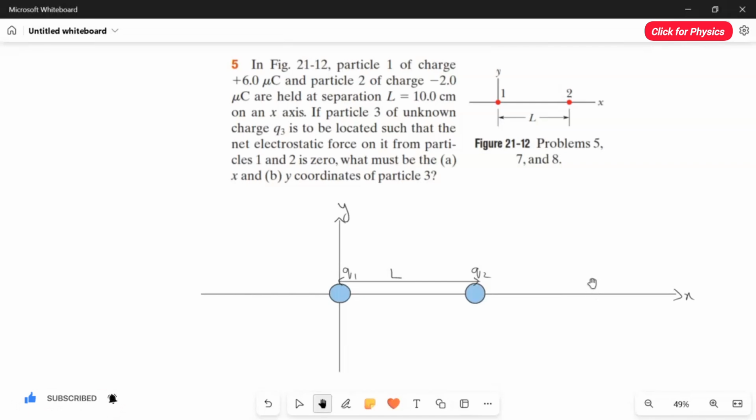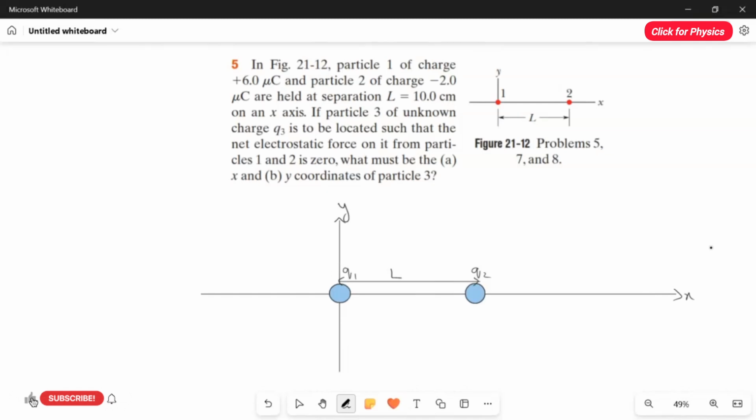Clear? So you have to find the exact location to place the third charge, so that the net electrostatic force of charge 1 on 3 and charge 2 on 3 is equal to 0. So we have to find its exact location on the x-axis.